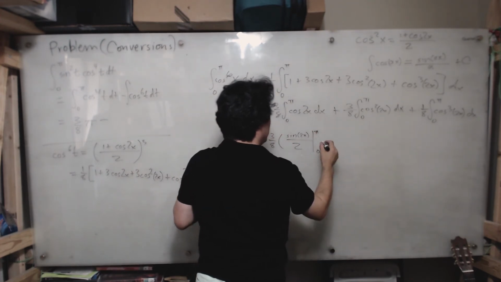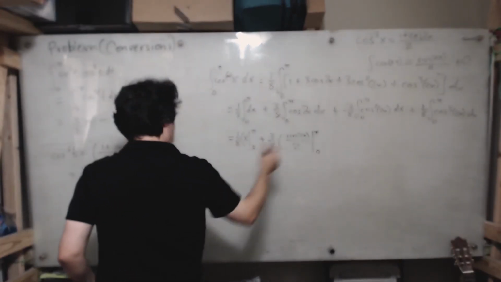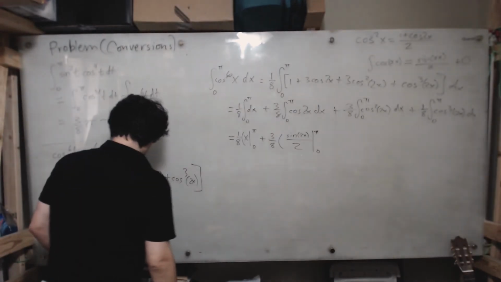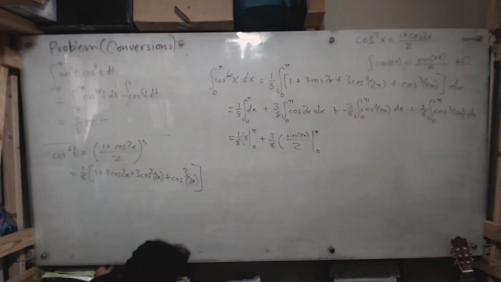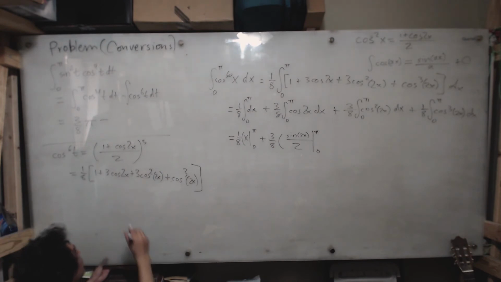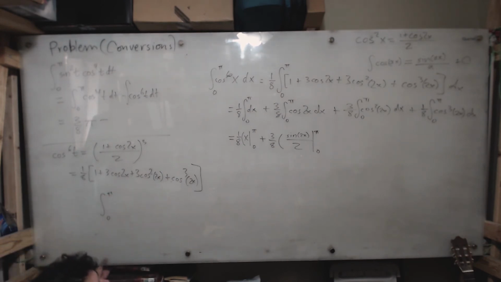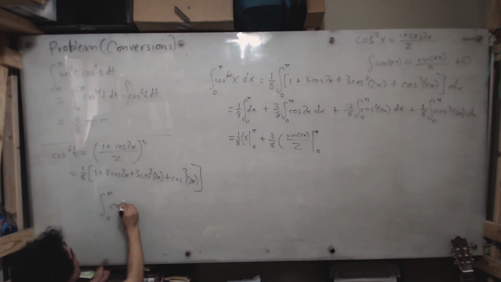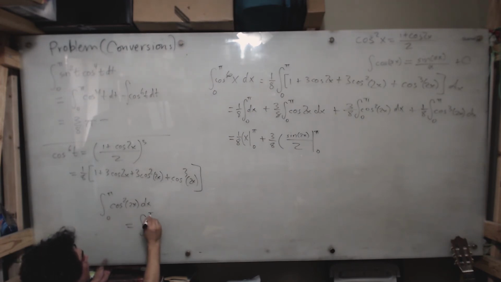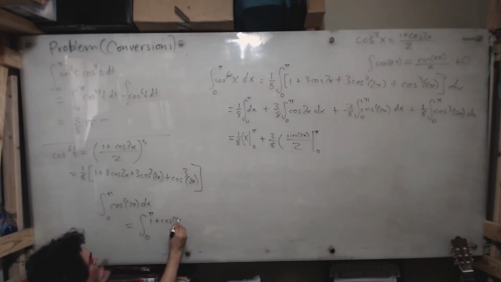What about this one? Okay, so I'm going to do that one over here so that it doesn't clutter the main line of our argument over there. Okay, so the integral from 0 to pi cosine squared 2x dx will equal the integral from 0 to pi of (1 plus cosine of 4x) over 2 dx.